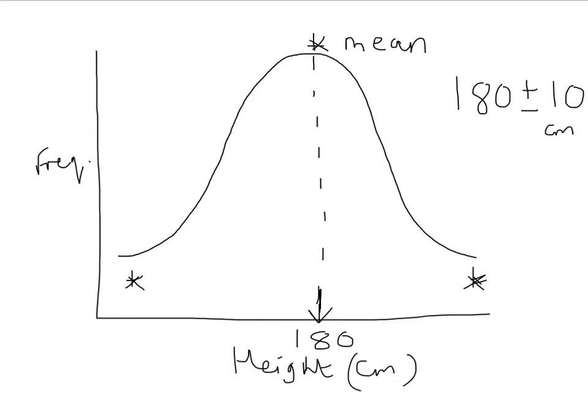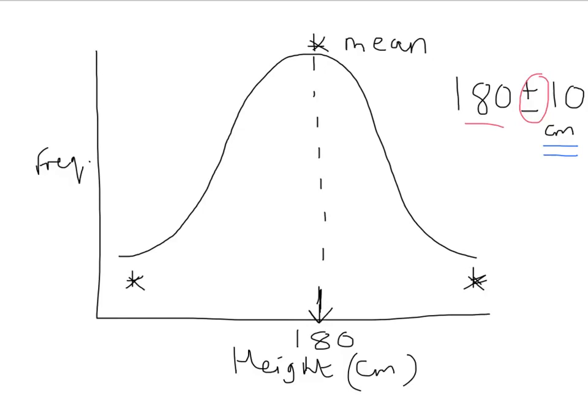Now what they're telling you there is the standard deviation. 180 is your mean. The plus or minus means that the spread of data goes above and below by, and the 10 centimetres is the standard deviation, the spread of the data around that mean. So it tells that the values tend to lie between plus or minus 10 centimetres of 180.